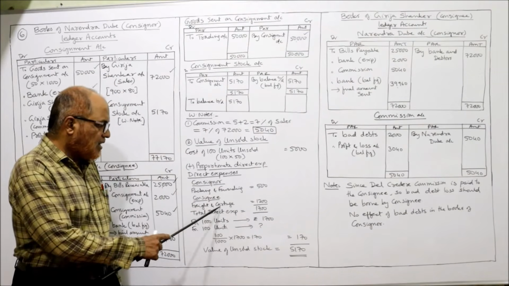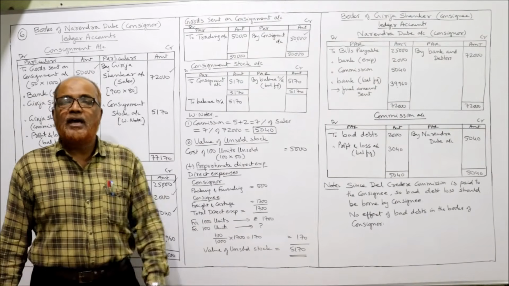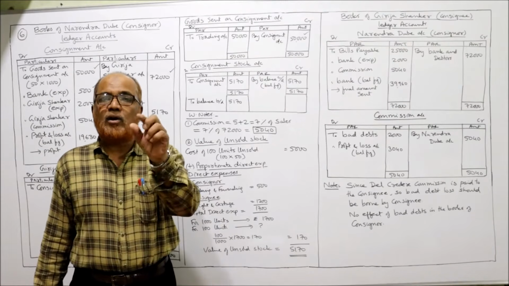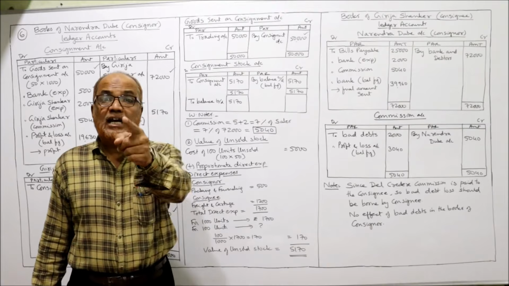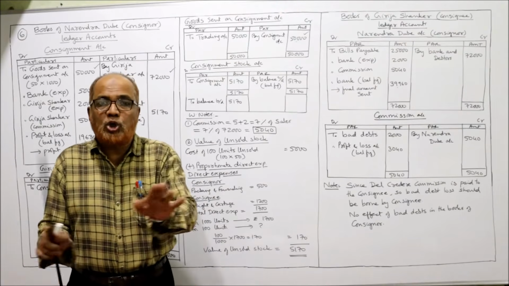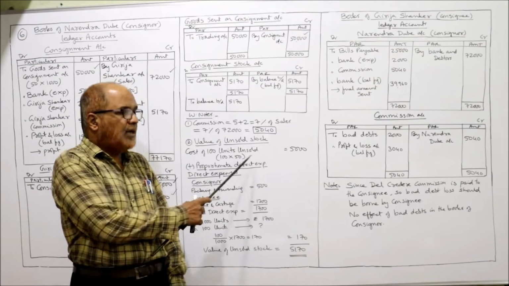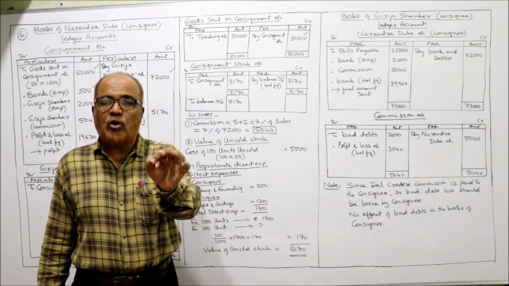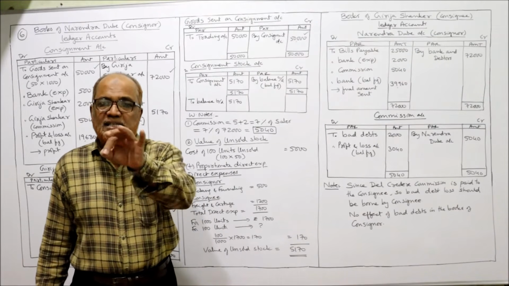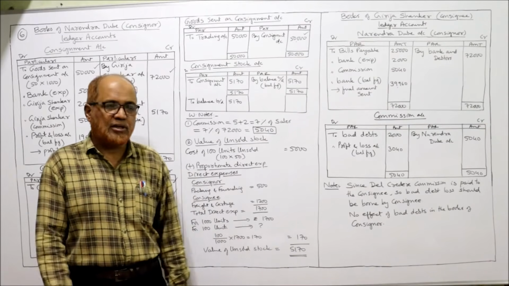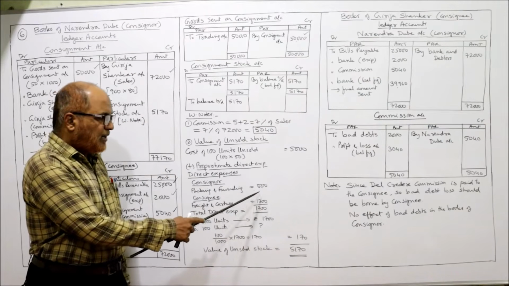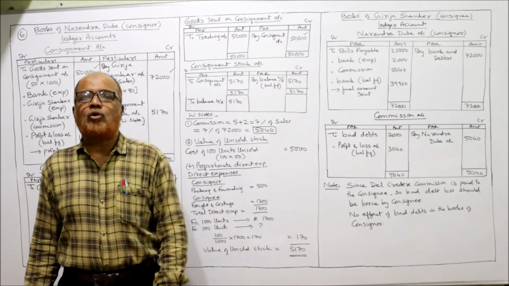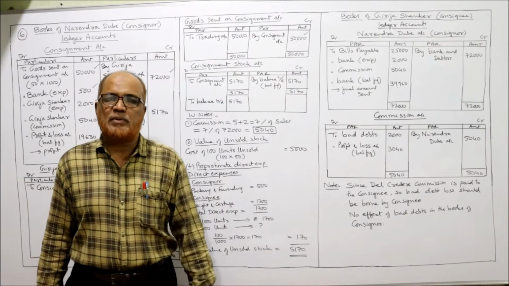So freight and cartage 1200 rupees given. 800 rupees spent on rent and insurance, that is indirect expenditure. That should not be considered in calculating value of unsold stock. So 800 rupees spent by consignee is indirect, should not be considered. So only 1200. So 500 plus 1200, 1700 rupees are the total direct expenses.